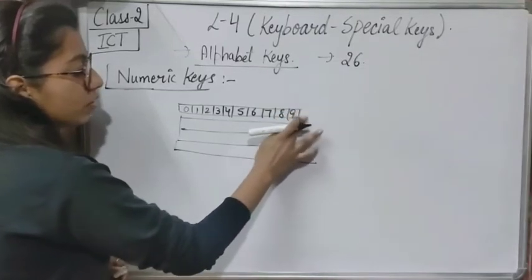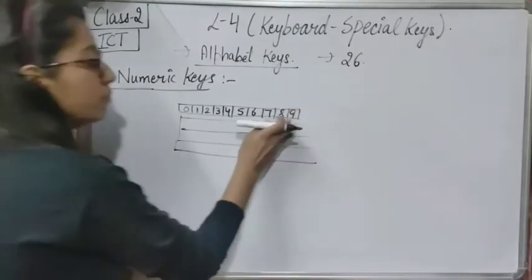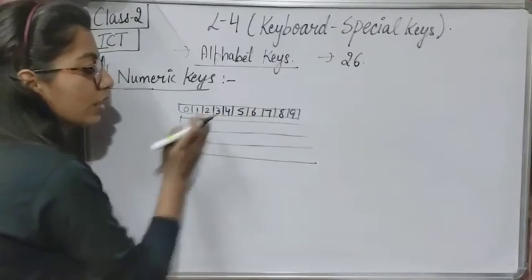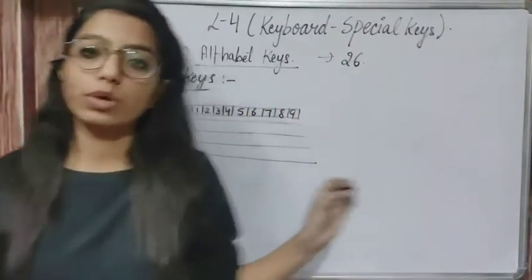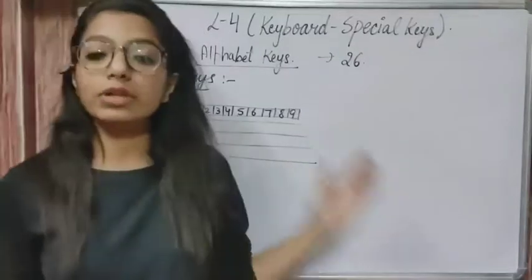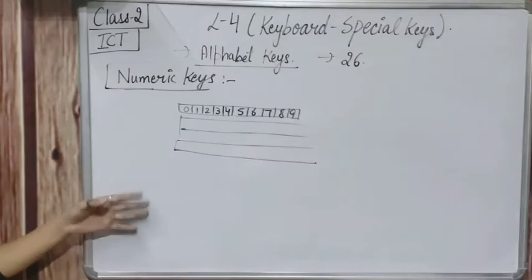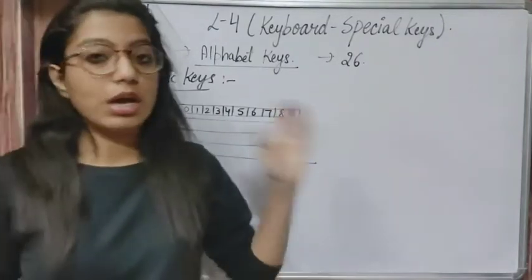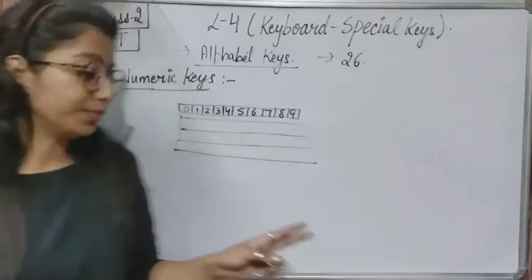Started from 0 and ending at 9. These are placed in order. Alphabet keys were not in order, but numeric keys are given in the order.